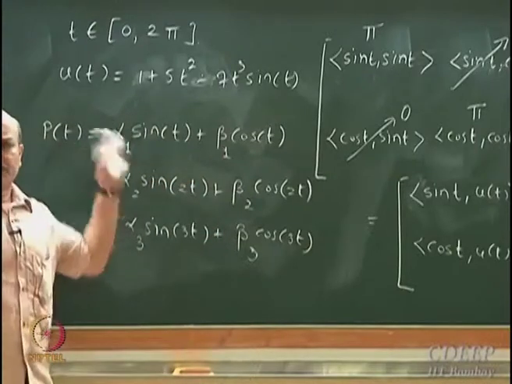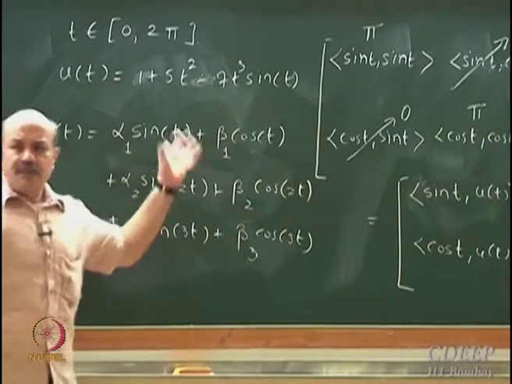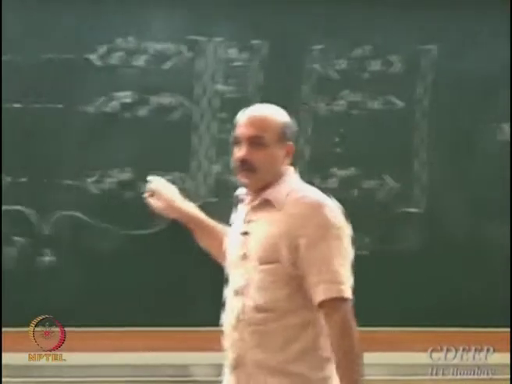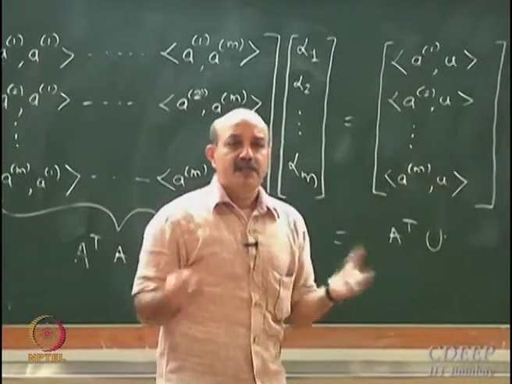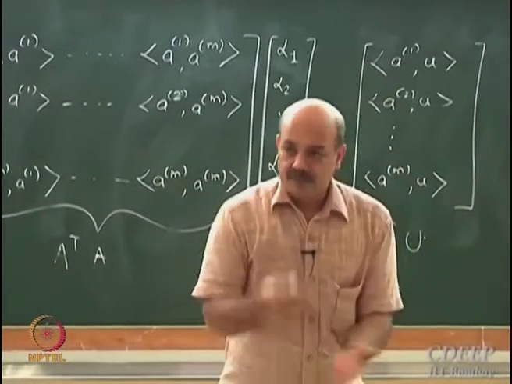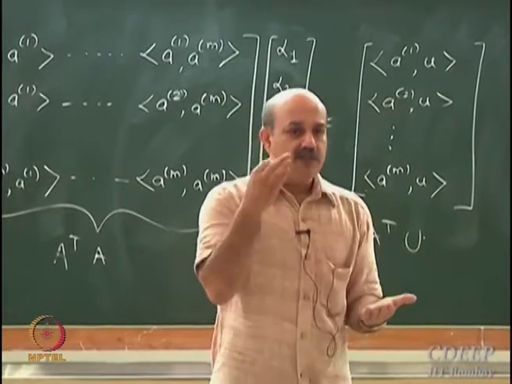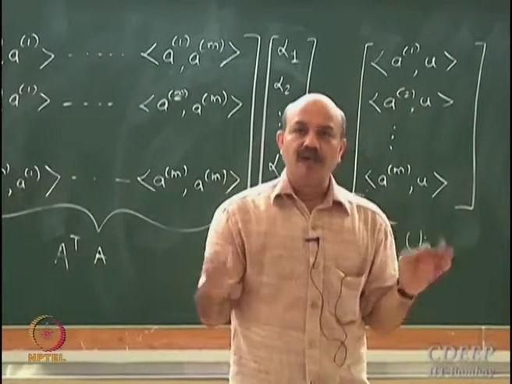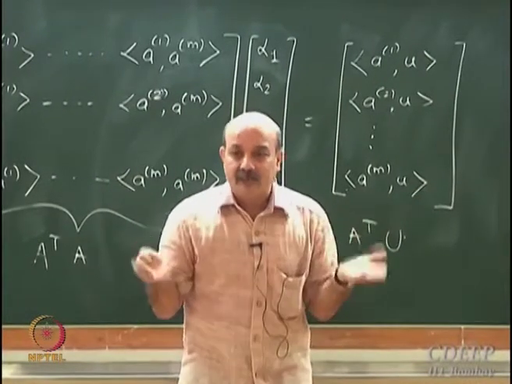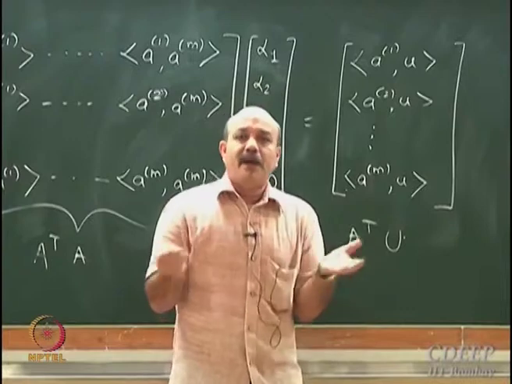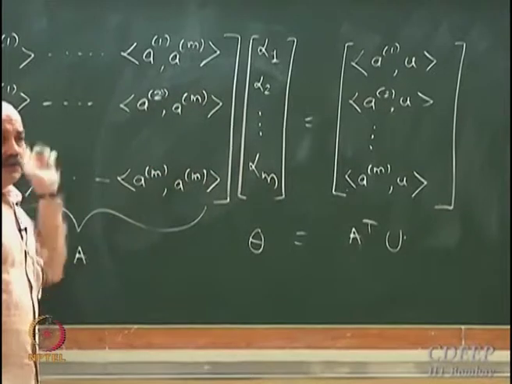Let's say I want to develop an approximation like this. How will you do it? We just methodically apply this formula. Now there are 6 vectors. What is the subspace spanned? The subspace spanned by 6 vectors: sin t, sin 2t, sin 3t, cos t, cos 2t, cos 3t. We want to find the best approximation of the given function, best in the least square sense, in the subspace spanned by these 6 vectors. What I do is I find these inner products.